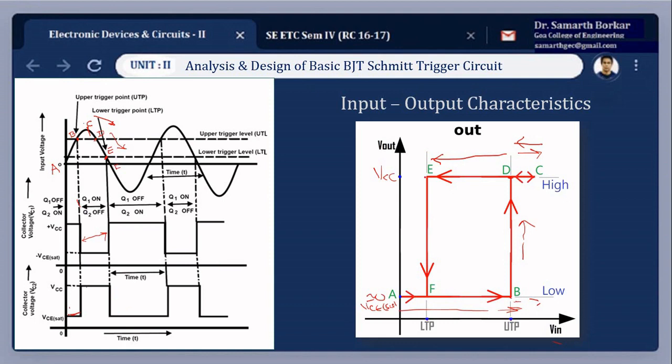So at this point the output voltage shifts back to 0 till the value of F is reached. This is what is referred to as hysteresis. So it is seen from the characteristics that to effect a transition in one direction, we must first pass beyond the voltage at which the reverse transition took place. So this effect is called hysteresis.